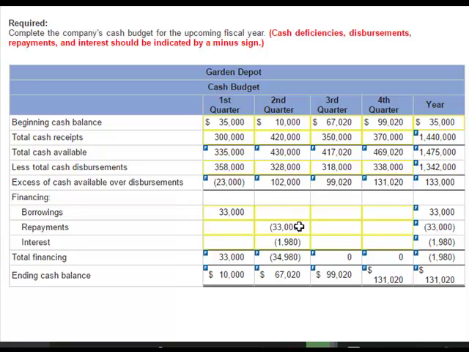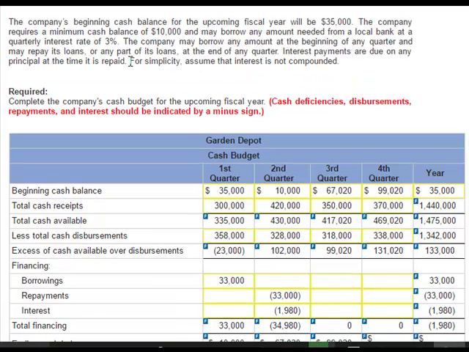And you'll see that the way Connect has this problem formatted, we're going to put the principal amount of the loan, the $33,000, in the repayment cell. And then we're going to put the interest into a separate cell. And the way that Connect is presenting the interest rate, it's stating specifically that it's a quarterly interest rate.